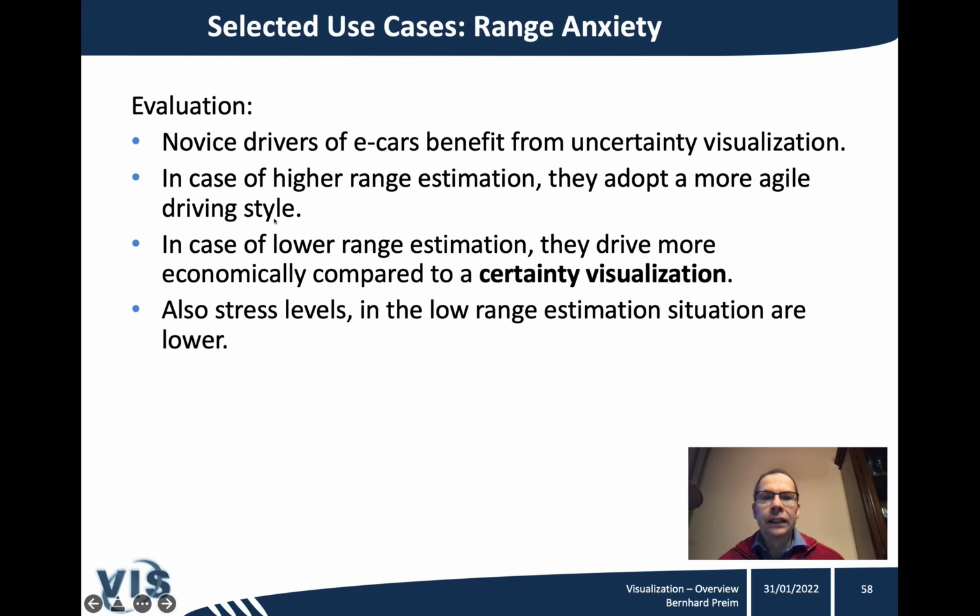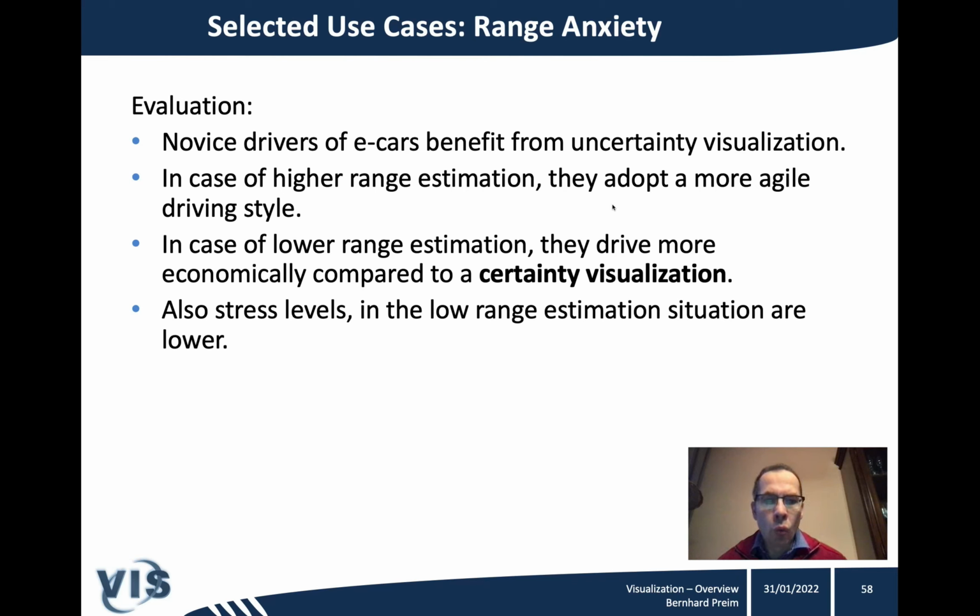It turned out that in particular novice drivers of electric vehicles benefit from uncertainty visualization, for example, with these gradient plots. When the system estimates a higher range, that indeed has an influence on the driving style. People drive a little less carefully in the sense that they are a bit more agile.